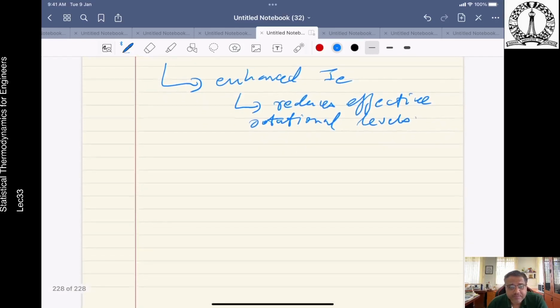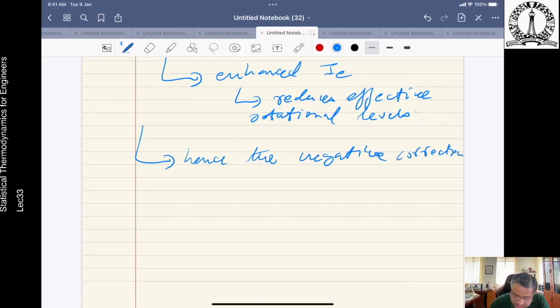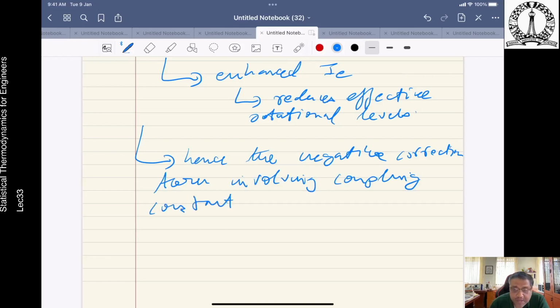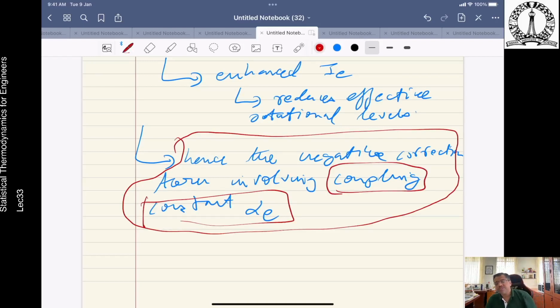Hence we get the negative correction term involving the coupling constant. Okay, so this is what we get.